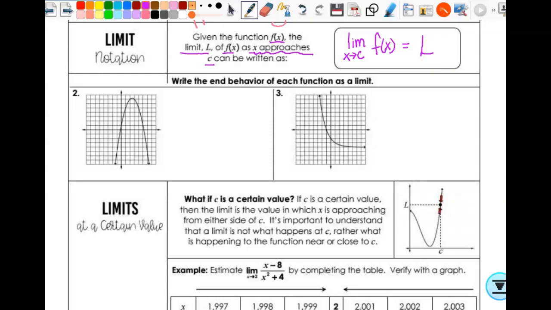So we're going to write the end behavior of 2 and 3 in that form. We're going to say the same thing we did with, as x approaches, whatever. We're just going to write it differently. So what we would say before was, as x approaches infinity, f of x approaches negative infinity, right? Instead, we're going to say the limit as x approaches infinity of f of x, whatever this function is, equals negative infinity.